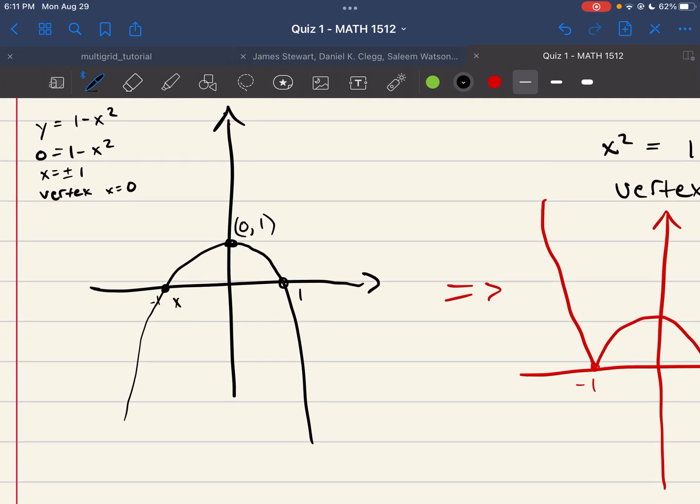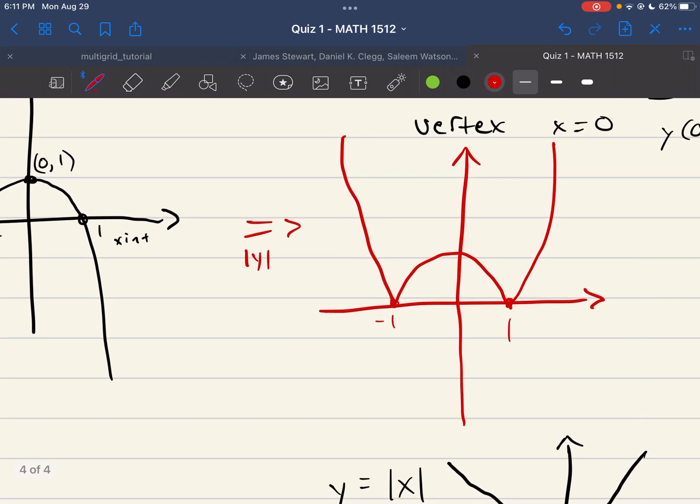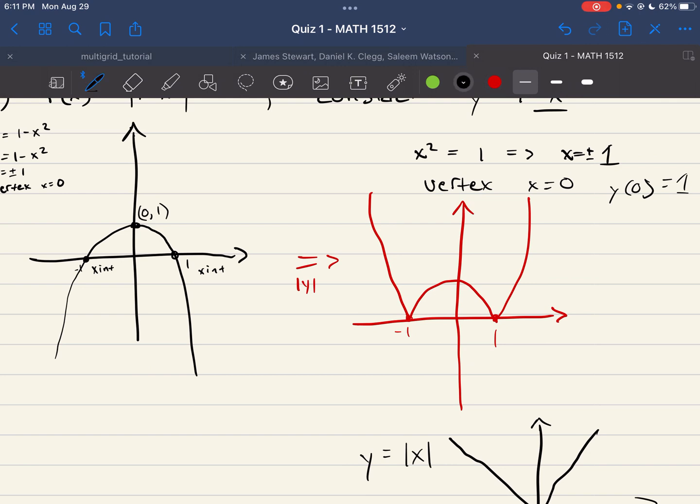And then our two x-intercepts at negative 1 and 1. So then let's apply the absolute value. The part that was negative becomes positive, and that is flipped. So that is our graph of f of x.